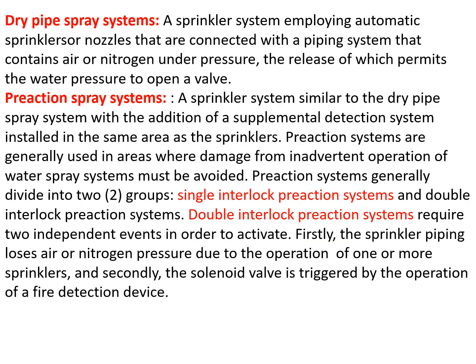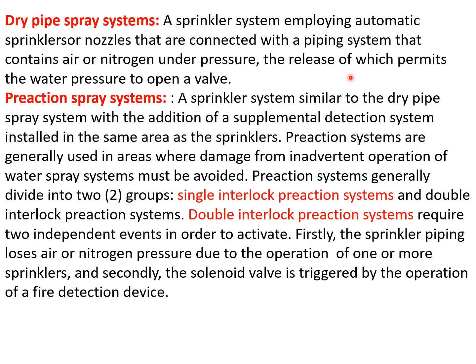The next category is the pre-action spray system, a sprinkler system similar to the dry pipe spray system with the addition of a supplemental detection system installed in the same area as the sprinkler.